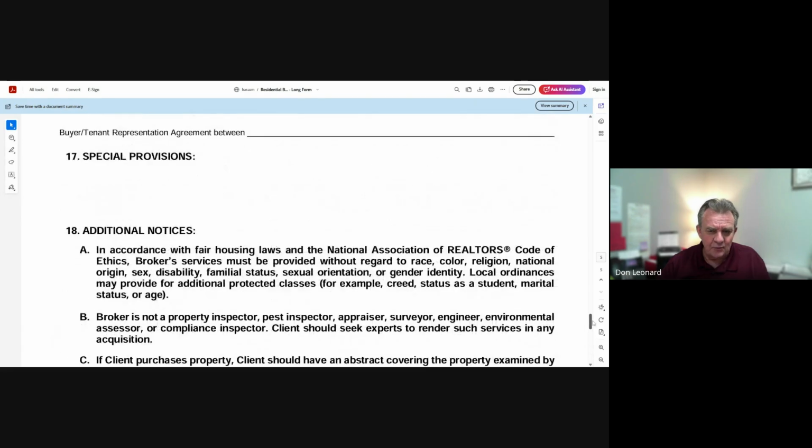So now we're going to flip over and go to the 1505, which is the amendment to the representation agreement, and look at under what circumstances we would be using that. So let me switch documents here.